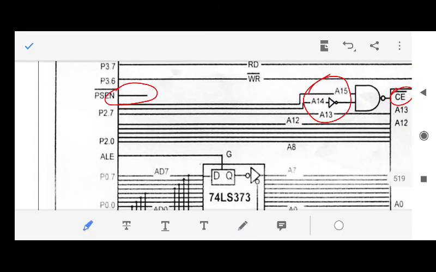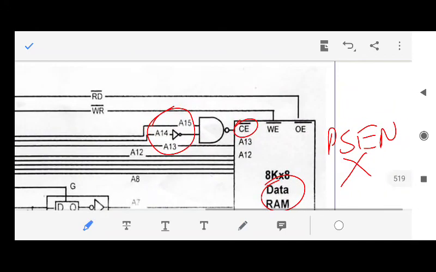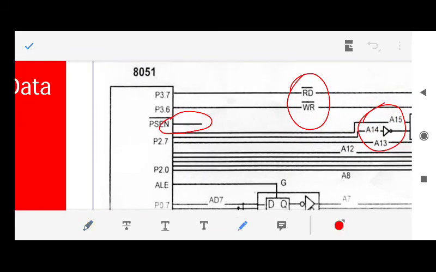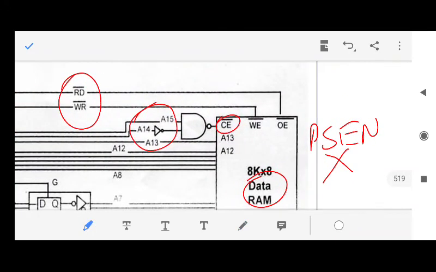Now in RAM, as I've already told, you have to use the read and write signals, which are coming from the 8051. So we have to use this read and write signal. Read will be connected to the output enable signal, which is similar to the ROM.